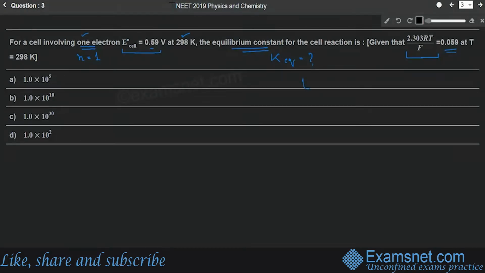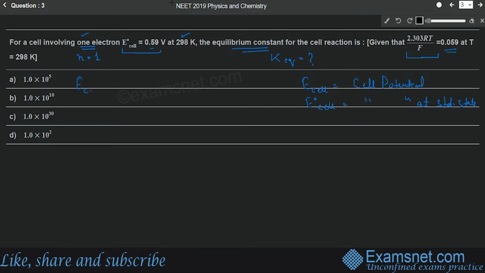So we know that E cell is nothing but cell potential, and E naught cell is also cell potential but at standard state. Okay. And how do we find the cell potential?